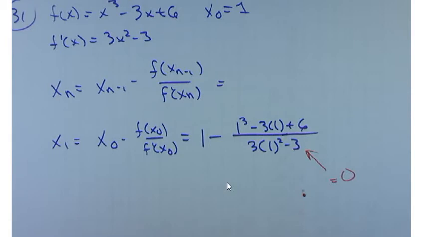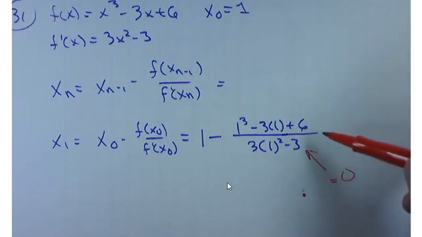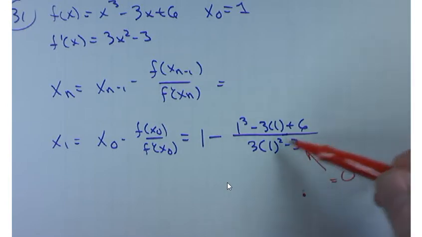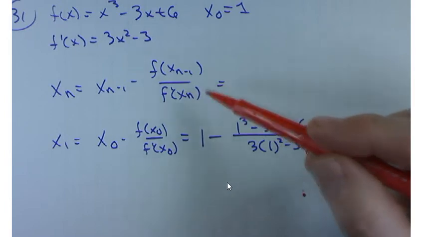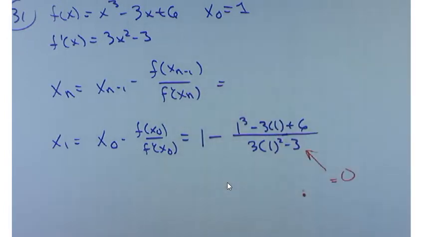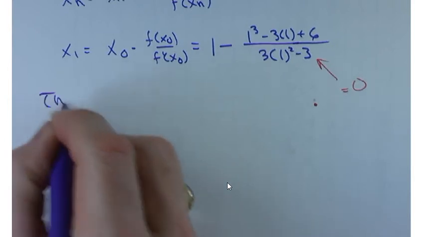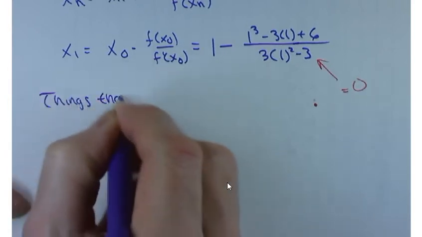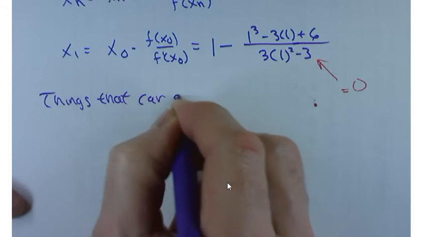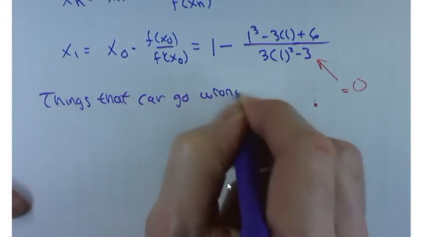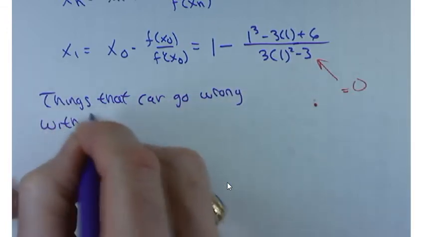So, where Newton's method could break down is if at some point in the iteration, the derivative is 0, or very close to 0. That's going to be a big problem for Newton's method. So let's keep track of a couple of these things here. Places where Newton's method might not work. So, things that can go wrong with Newton's method.